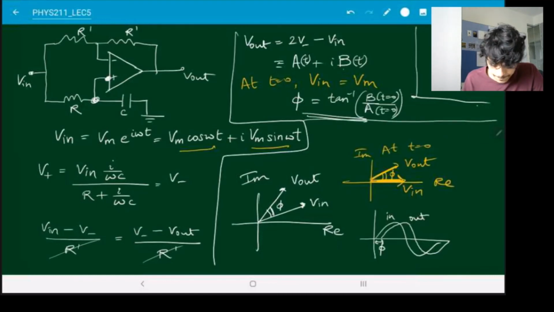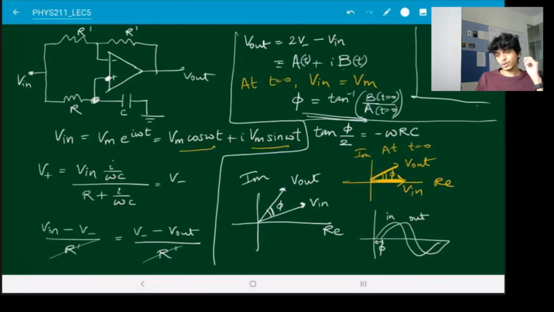And the answer that you will get, for the phase difference phi, is tangent of phi over 2 equals minus omega RC. So you can adjust the value of the capacitor and the resistor R, and depending on the input frequency that you put in, you will get a phase difference given by this value of phi.